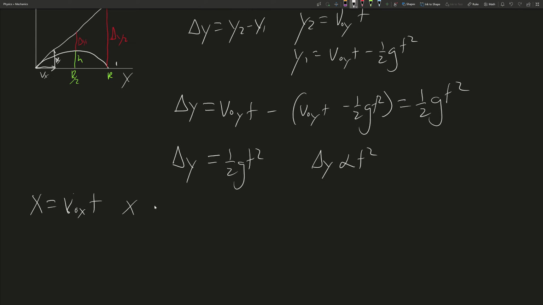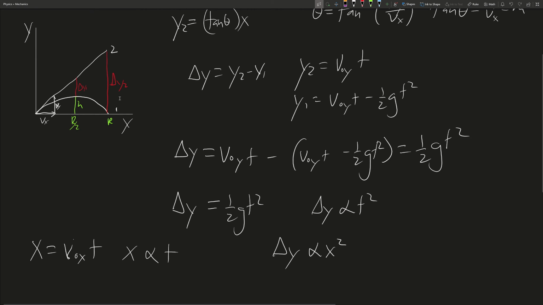So that means the x position is proportional to time. And so since the change in y, the difference in height, is proportional to time squared, and x is proportional to time, we have that the difference in height is proportional to x squared.